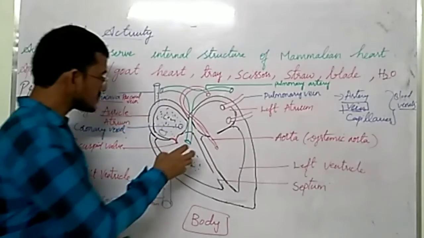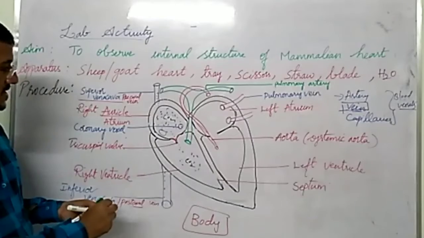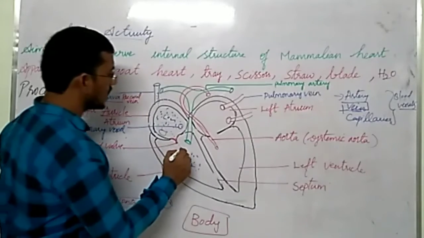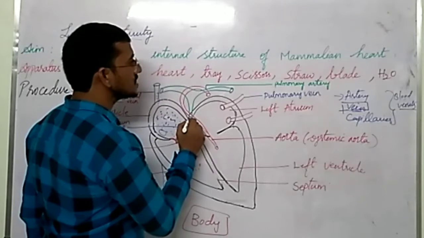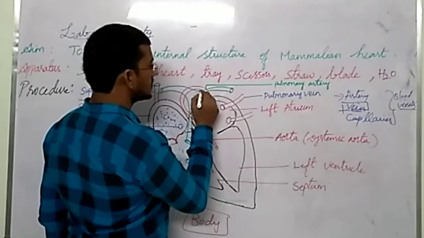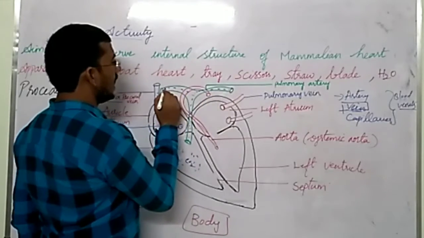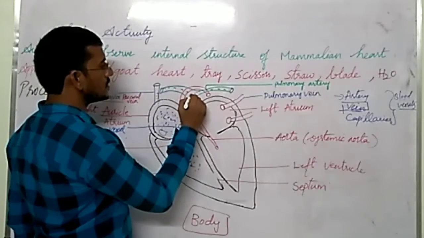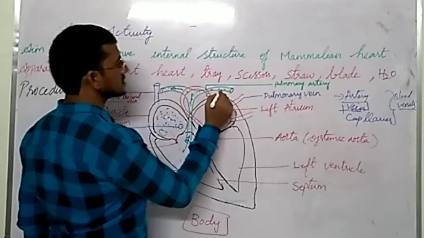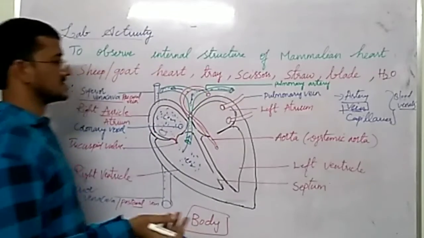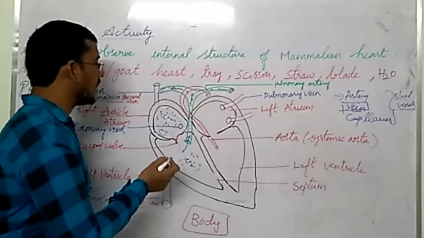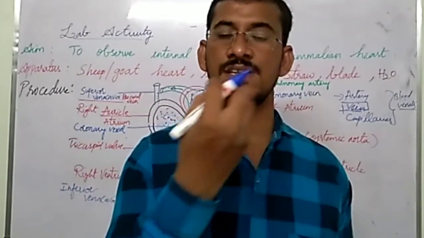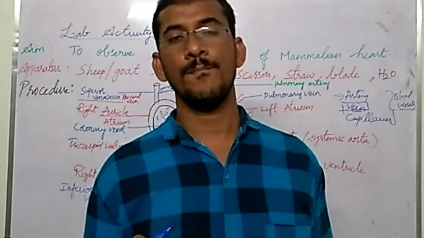Then when these ventricles contract, immediately the deoxygenated blood will enter into the pulmonary artery, and from here blood will move to lungs. In the lungs, carbon dioxide will be taken and oxygen will enter into the blood.